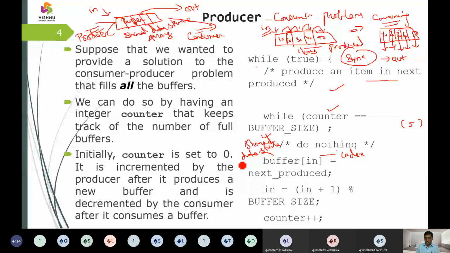This item is going to be part of a critical section. Whatever we call this buffer, it is a shared data structure, and it is going to be in this critical section.